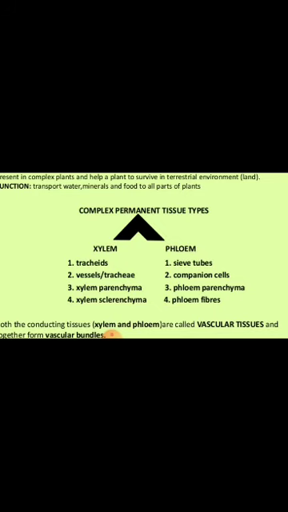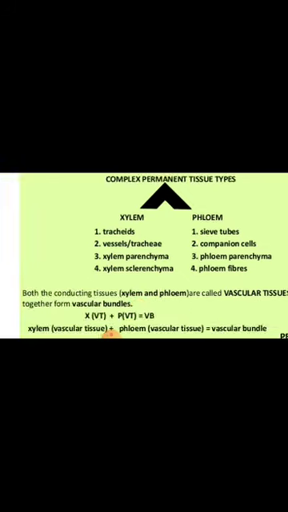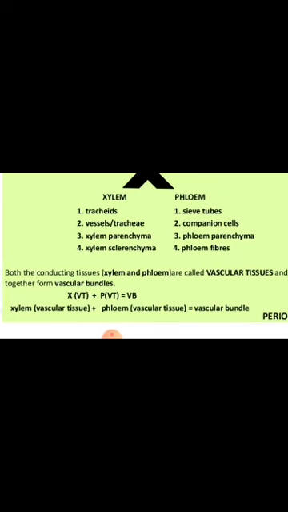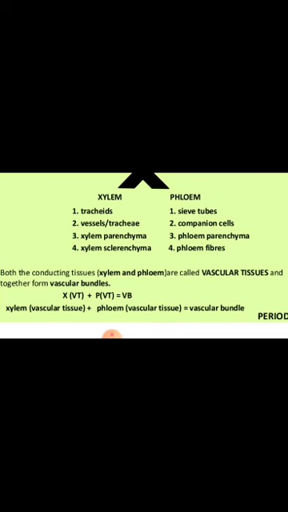So these are the things that you have to remember: what does the xylem consist of and what does the phloem consist of? Both are conducting tissues. What is the meaning of conducting tissues? They just help in the transportation. So xylem and phloem are both called vascular tissues and they together form vascular bundles.